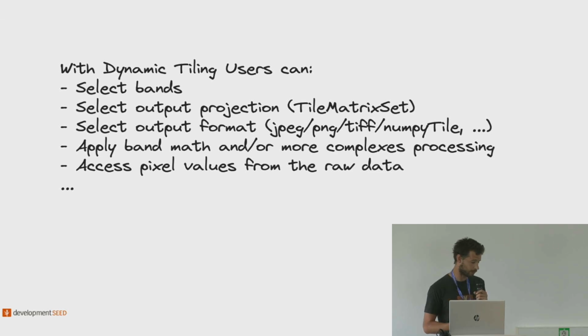You can have a custom algorithm running on top of your map tiles on your servers that will also take auxiliary data on each tile demand. It really opens up the possibilities of what you can do with your raw data, and not just pre-processing everything and thinking about what the user will want in advance. You just put the dynamic tiler on top of your data, and you let the user decide.